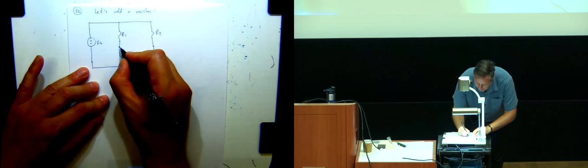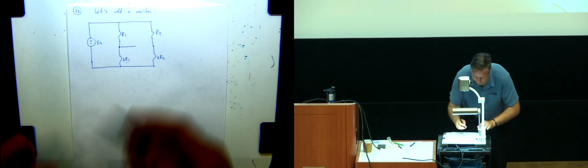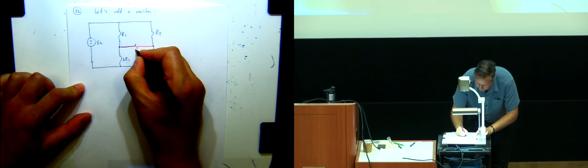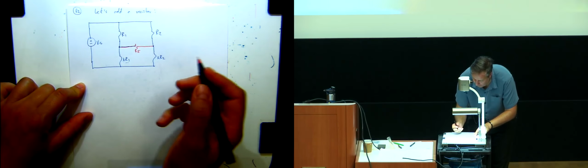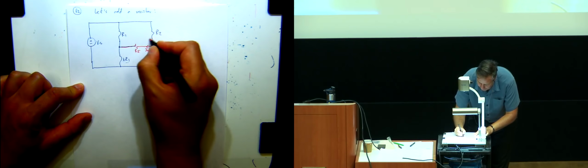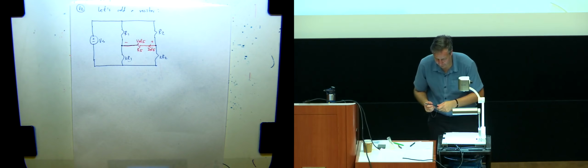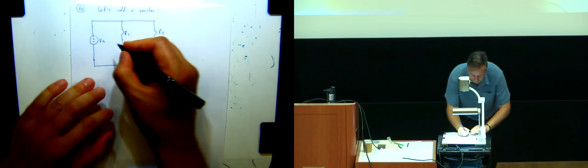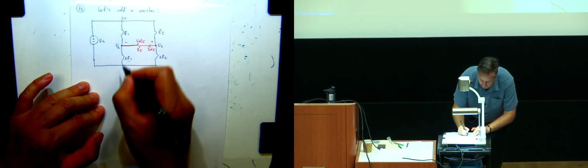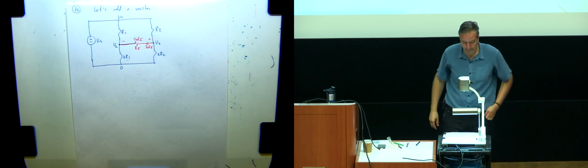But now I'm going to add another element, and in fact, I'm going to do it in a different color. Let's label this I element 5. We still have our U2 and U3 here, and then U1 and 0.